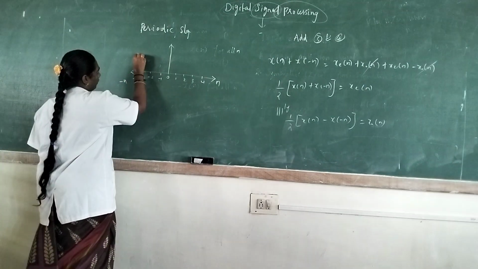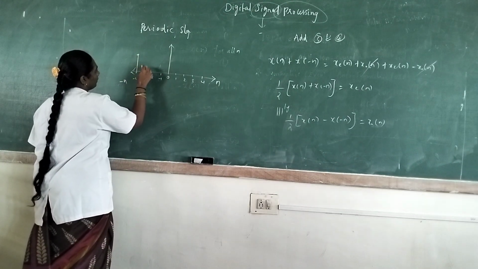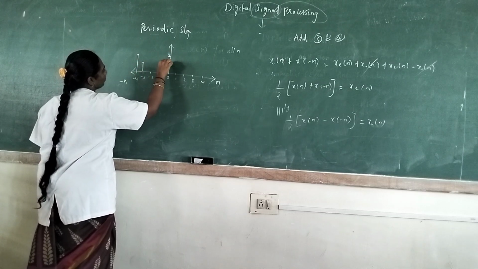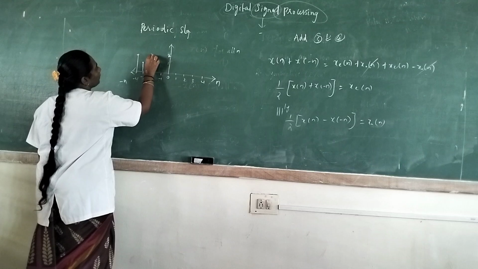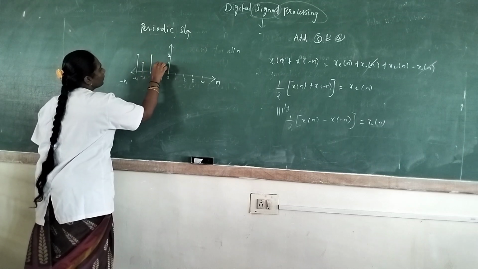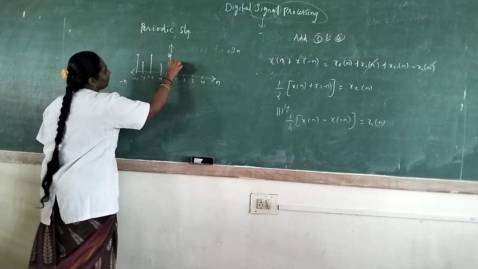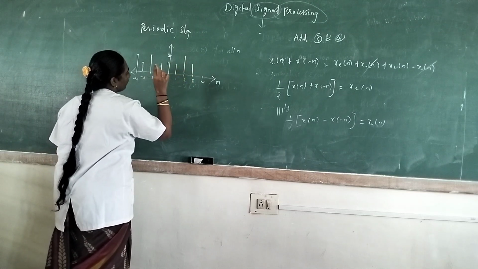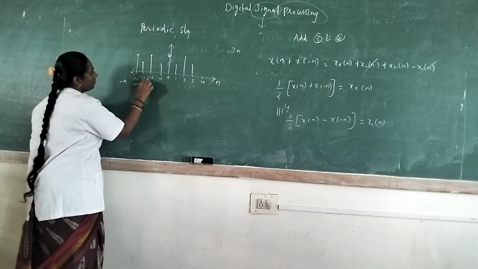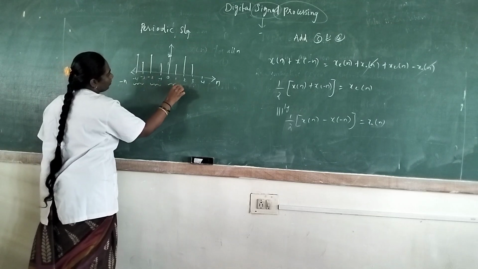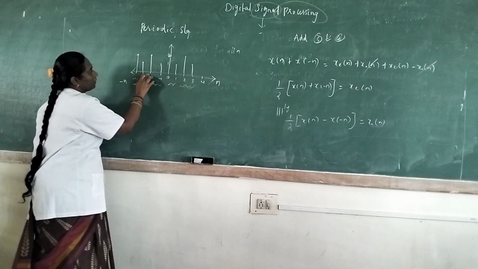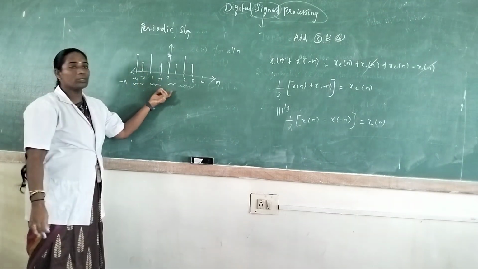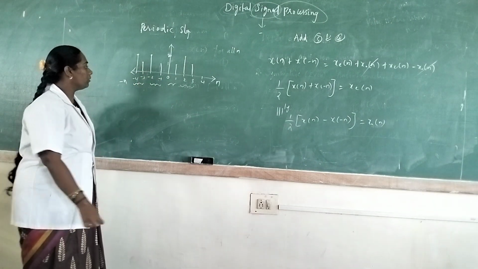For example, n is equal to minus 4, this will be value 2, this will be value 1. Similarly for the second periodic cycle, again for the third periodic cycle, and the fourth. So here you can see that in consecutive 2 samples we are getting the same values. Hence this signal is called a periodic signal.